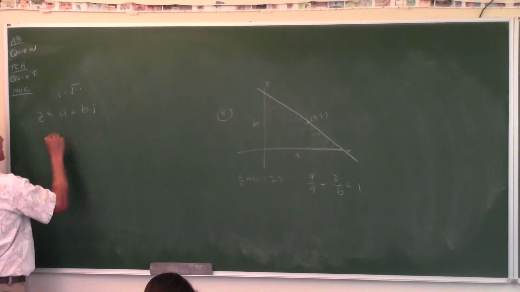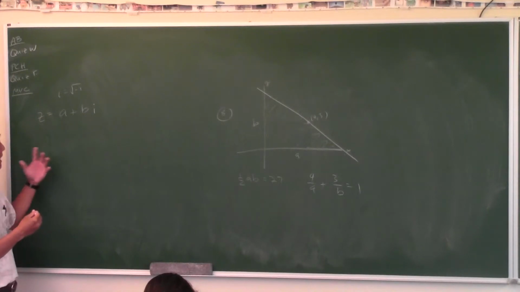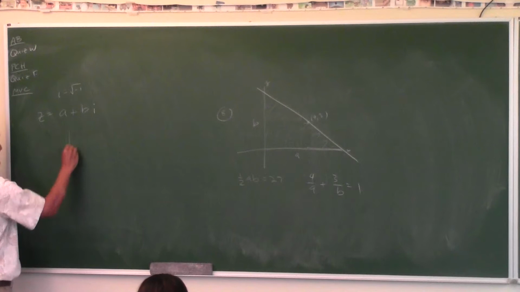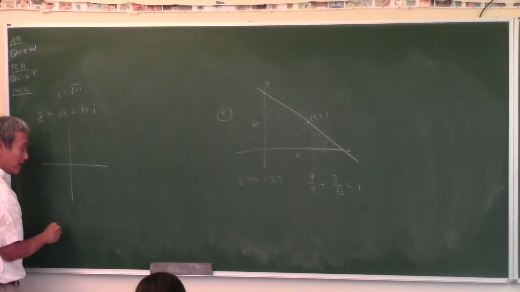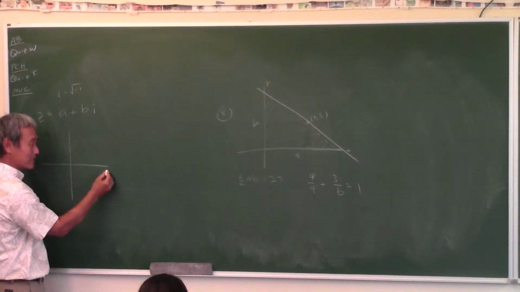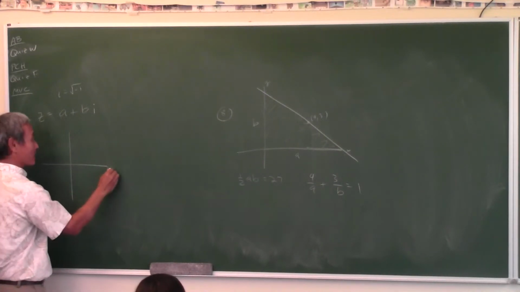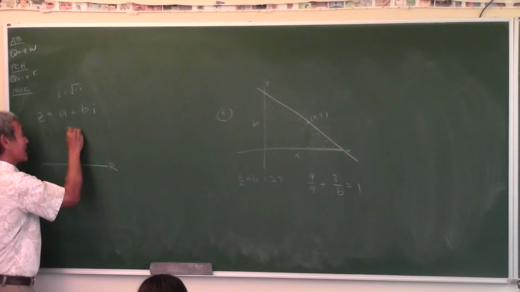Okay, so a complex number is a vector in the complex plane. Now, you guys are used to the Cartesian plane, right? In the Cartesian plane, what are the axes? The x and the y axis, but in the complex plane, we have the real and the imaginary axis.